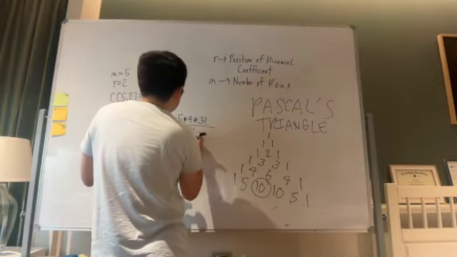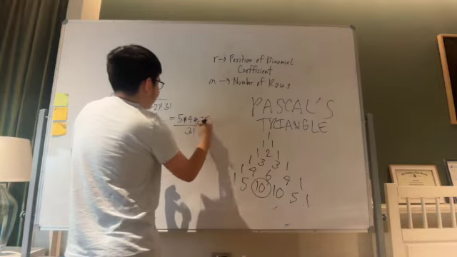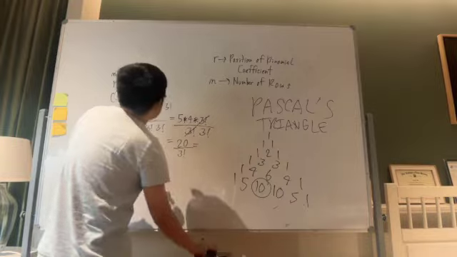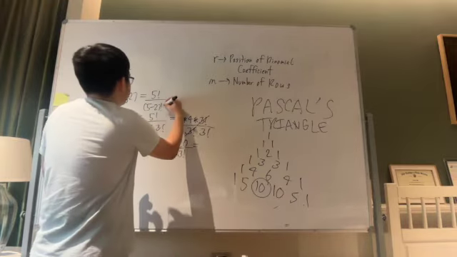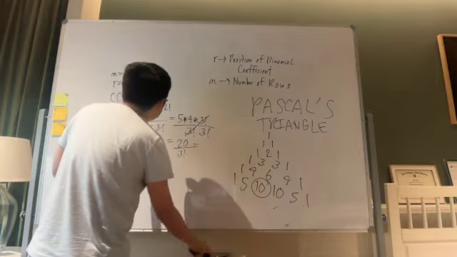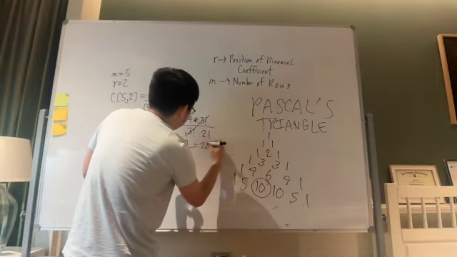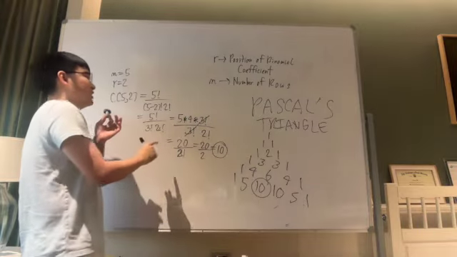Oh, wait, I'm sorry, that should be a 2 factorial here. Okay, good. Yep, 2 factorial. 5 times 4 is 20, 20 divided by 2. That is indeed 10. And this generalizes.